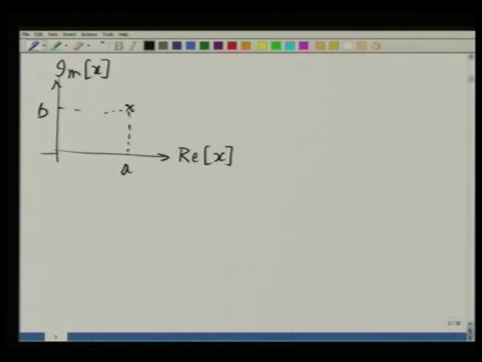They are different complex numbers. So, the order matters. What we have just plotted is often called the rectangular representation of a complex number.